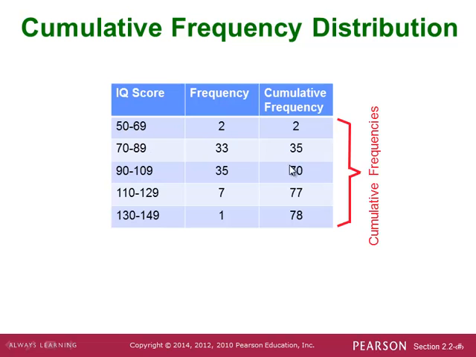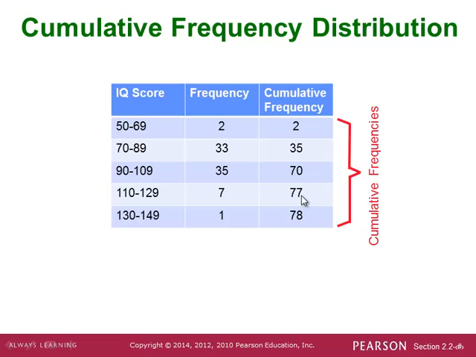To get to this next entry of 70, you take this 35 plus this 35 to get 70. This tells you that there were 70 individuals with an IQ score of 109 or less. Then you add 7 to the 70 to get 77.